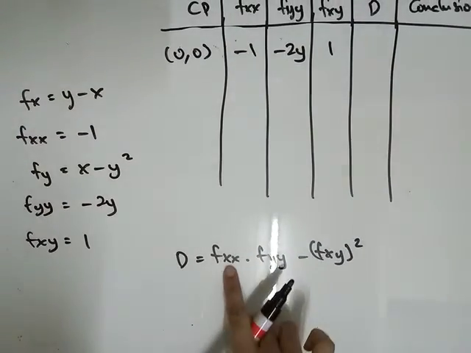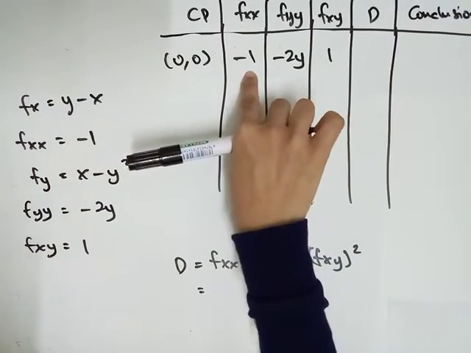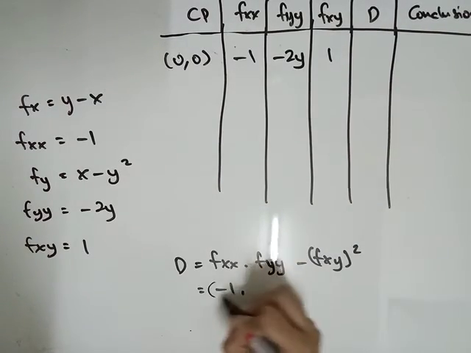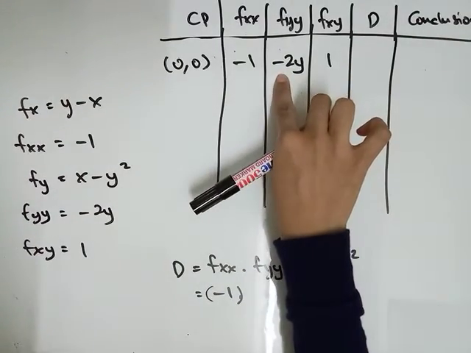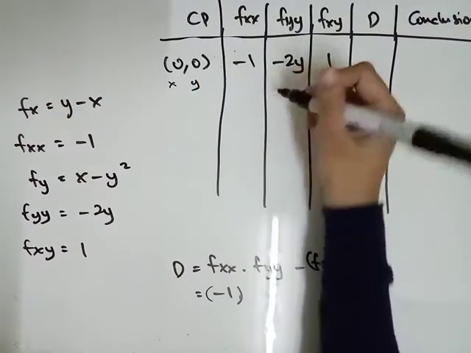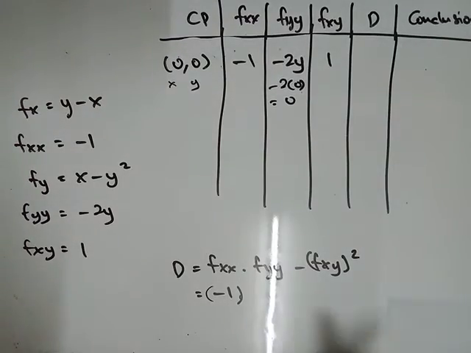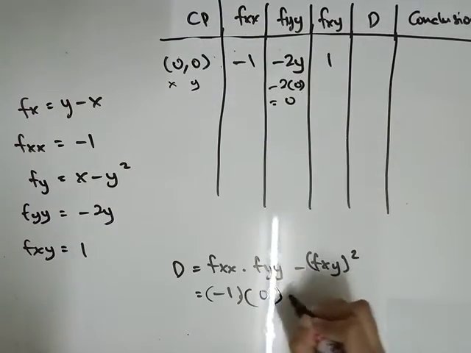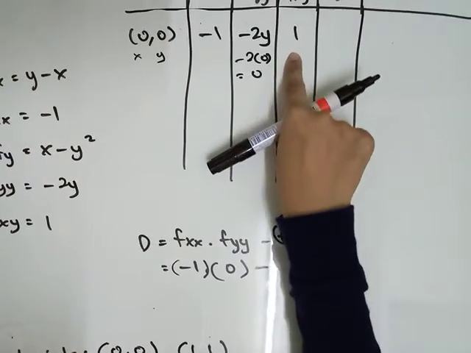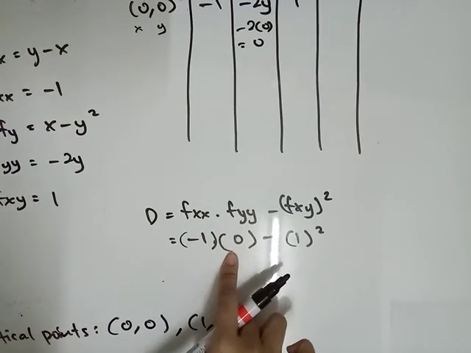How to find D? By using this formula. fxx is -1, it doesn't have variable x and y. So take out the -1, multiply with fyy, which is -2y. This is x, this is y, so substitute y, which is 0, into this y. So -2 times 0, we get 0. So fyy is 0 minus fxy, which is 1. So -1 times 0 is 0.